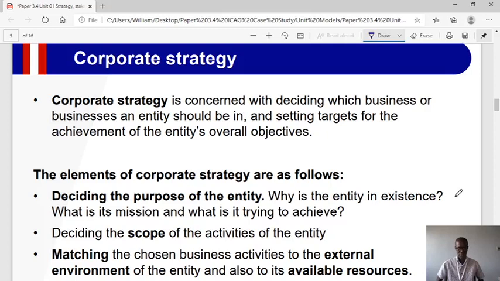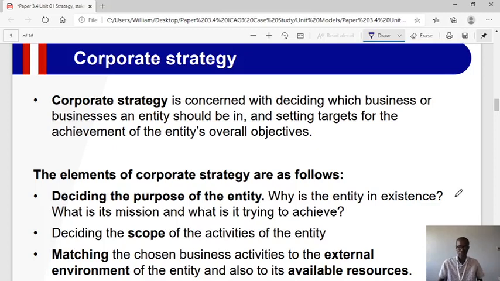Which business? Professional accounting education or business education. So we have to identify that, or which businesses. So maybe we'll say professional accounting education, then we'll say let's say facility management, and then let's say we are going to be involved in real estate. So which business or businesses an entity should be in, and then setting targets for the achievement of the entity's overall objectives is what we refer to as our corporate strategy.